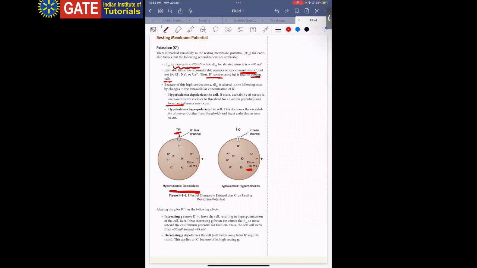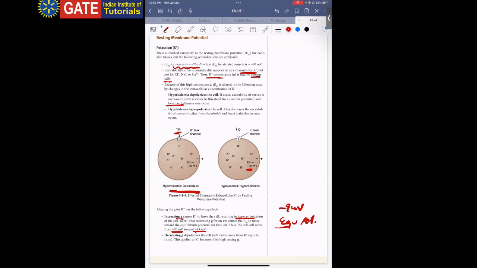So as I said earlier, if there is increased conduction of the potassium, it will cause the potassium to move out, resulting in the more negative inside of the cell, causing the hyperpolarization. Okay. And you have to know always that the ion will try to move towards the equilibrium potential. Thus, it will become more negative from minus 70 to minus 95, because minus 95 is the equilibrium potential.